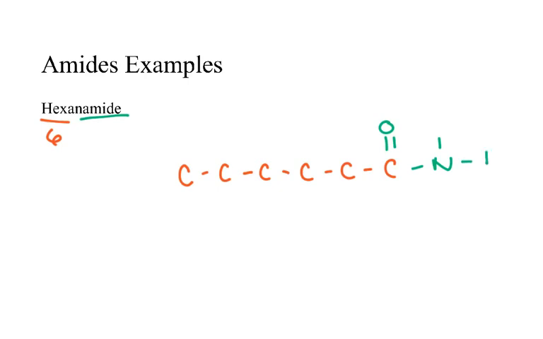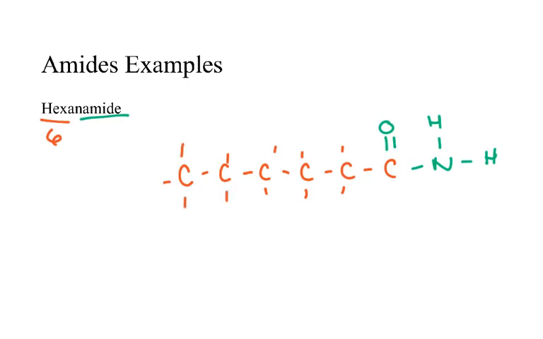So let's look at our example before we run out of time. Hex means 6, right? And then we have amide telling us it's that double bond oxygen and nitrogen group. So let's build our first 6. 1, 2, 3, 4, 5, 6. And then let's add in our amine group. So it's going to be on our last carbon, one of our end carbons. And we have our nitrogen with our hydrogens. And then everybody else gets their happy 4 bonds by adding hydrogens in, right?